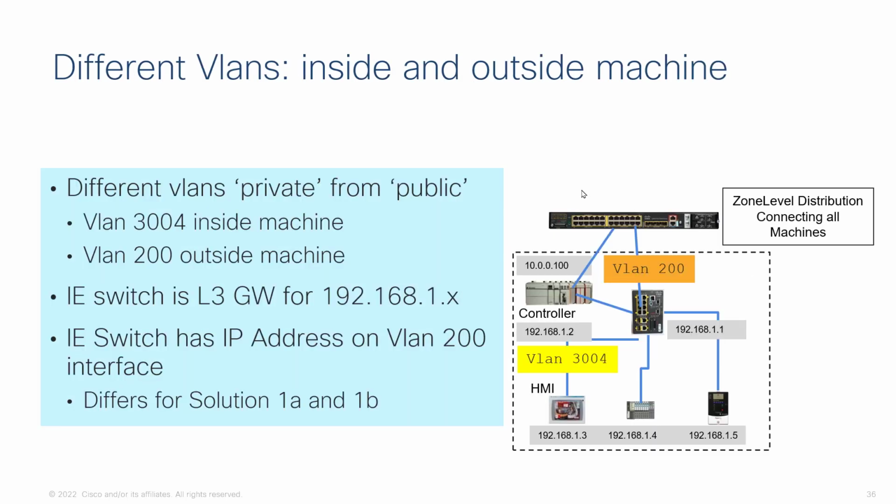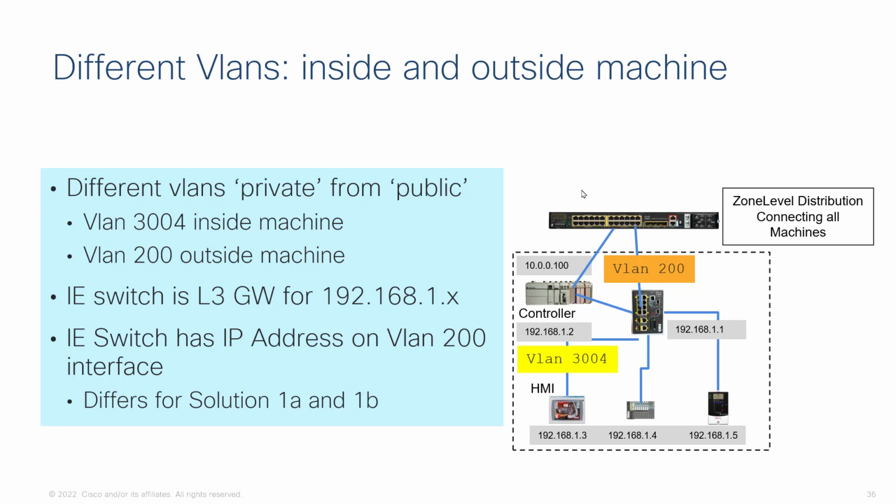And so if we go back to our sophisticated machine, it would look something like this. Now what we've done is we've put the layer 3 gateway for the internal machine on VLAN 3004 on the IE switch itself. So in the part 1 video, we showed the zone switch as being the gateway for 3004, and it had the 192.168.1.1 IP address associated with the zone switch.